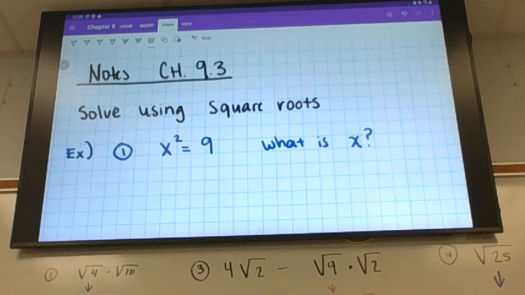Alright guys, we are moving all the way to 9.3. 9.1 to 9.3. My bad. 9.2.